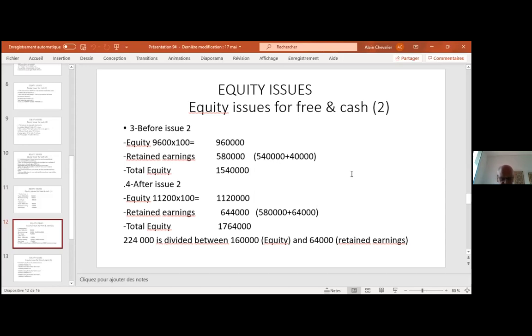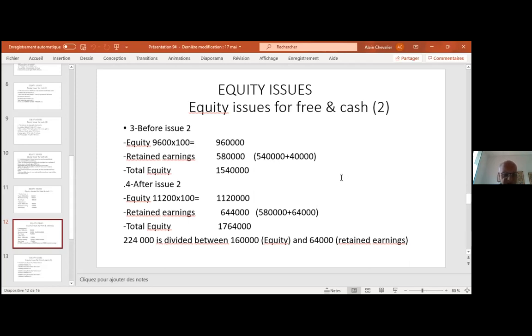We are in accounting, okay? And we are just before the issue, we still have 9,600 shares, and a nominal value which is still 100. So the equity level is stable here. It's 960,000. But what about retained earnings?